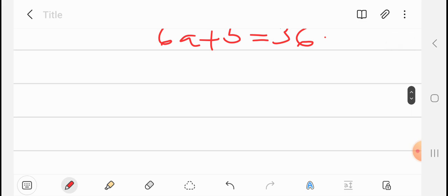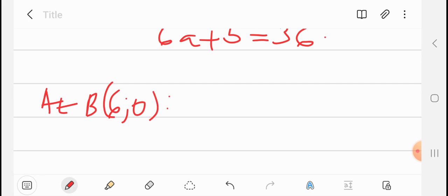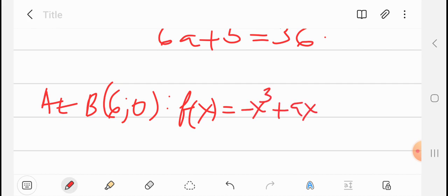The point B is a turning point. So at the point B, whose coordinates are 6 and 0, we're able to realize that the point B is a turning point. And the function f of x is minus x cubed plus ax squared plus bx plus c.